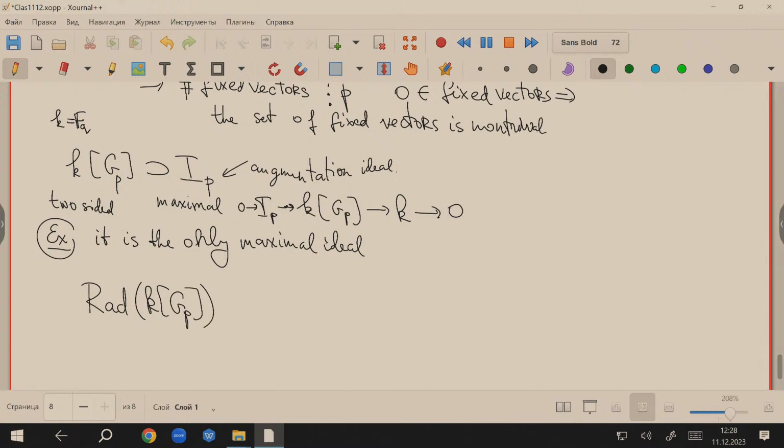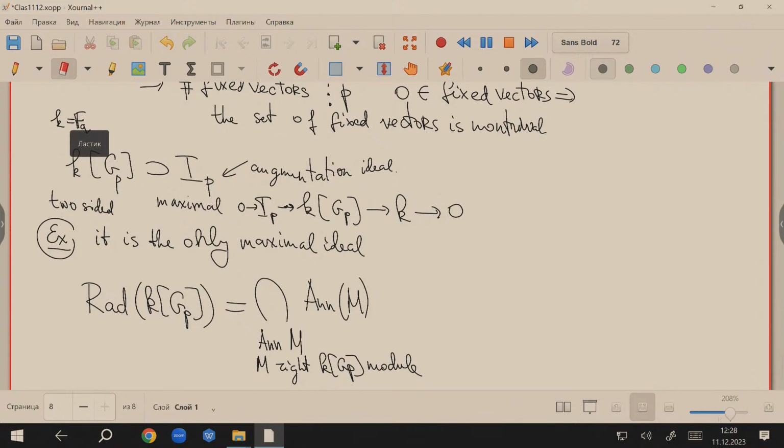And the radical is just the intersection of annihilators of M, where M is a right K of GP module, so the intersection of the annihilators. But notice that here M is simple, so it doesn't contain smaller submodules. Yeah? So this is the definition of radical.